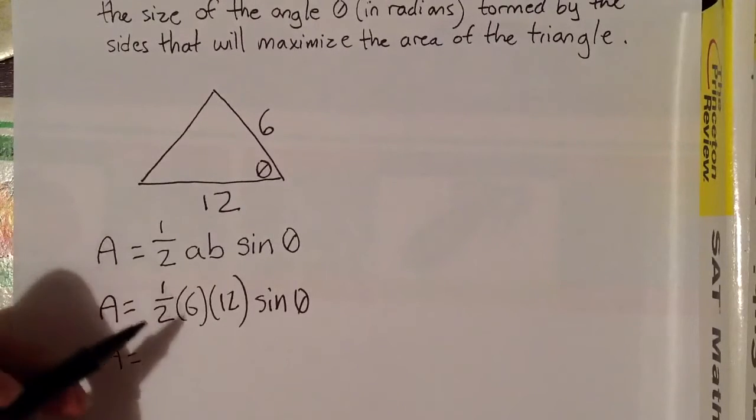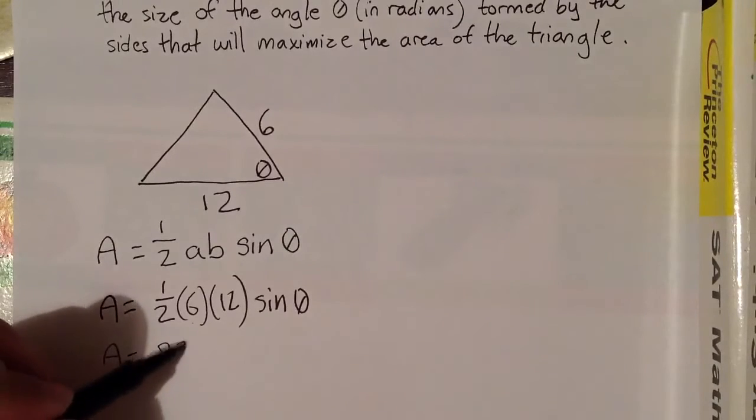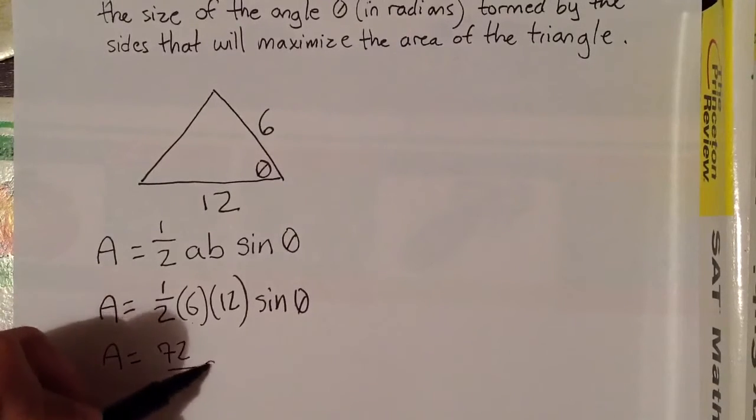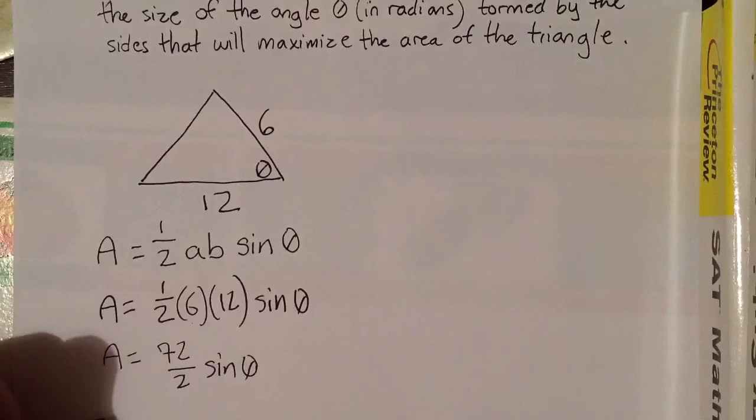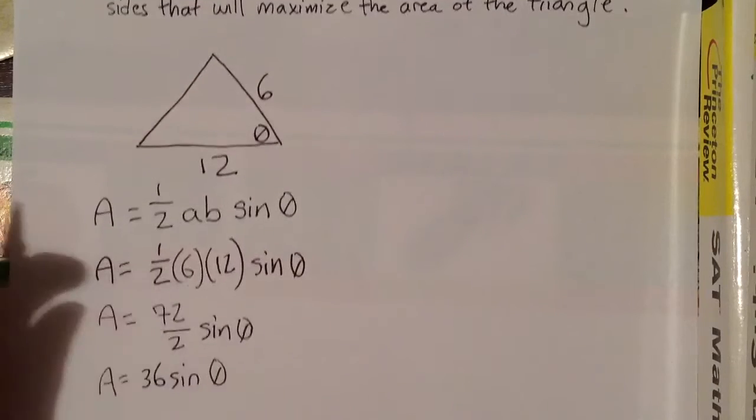So A equals 6 times 12, that's 72 over 2 sine theta. And then that equals 36 sine theta.